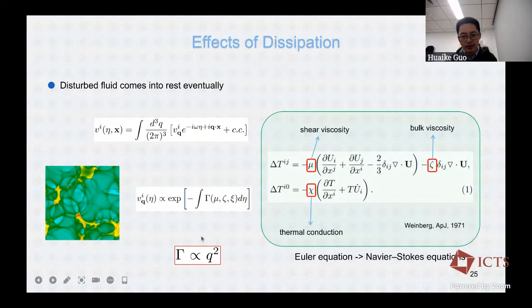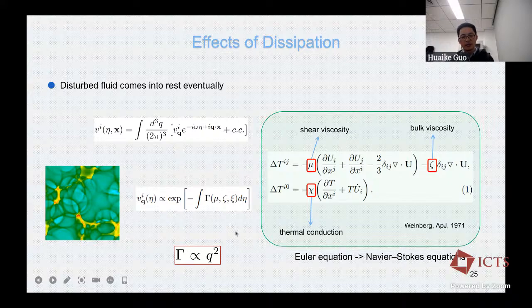There is a rate here, which is proportional to q squared. If we look at this expression, you will conclude that the velocity will be more suppressed for large wave number or small scales. So this is a phenomenon.